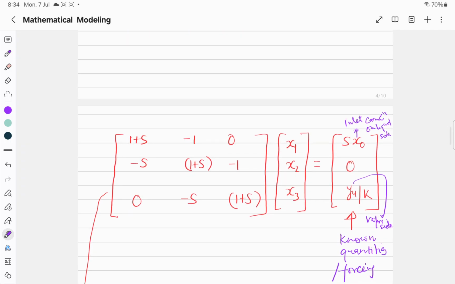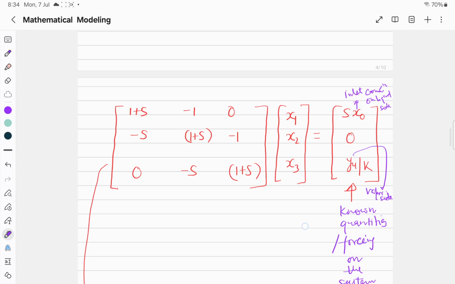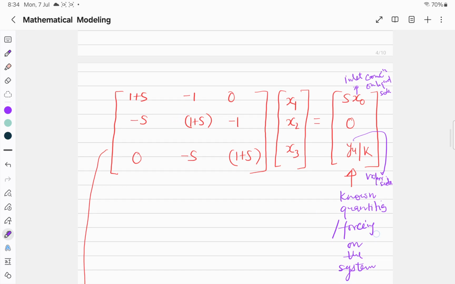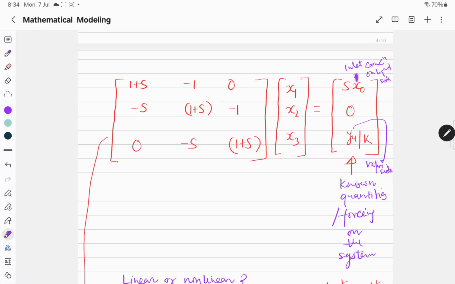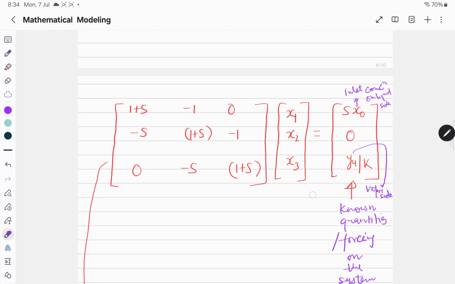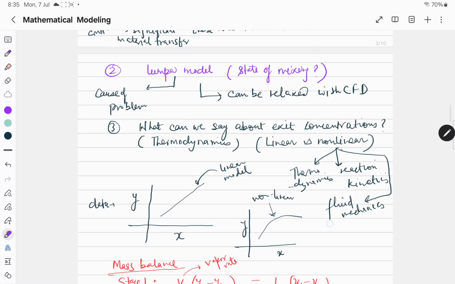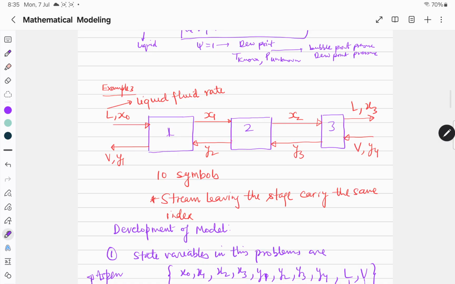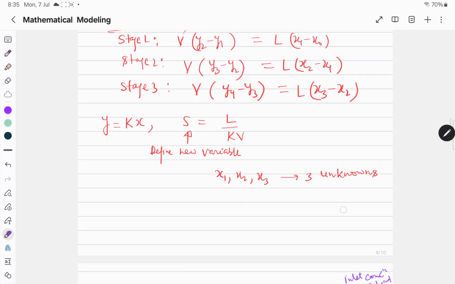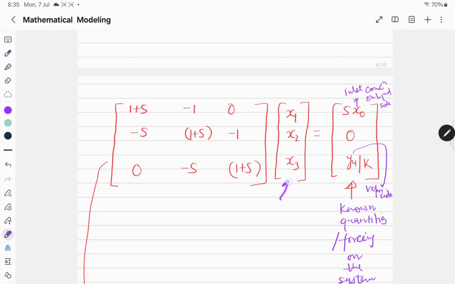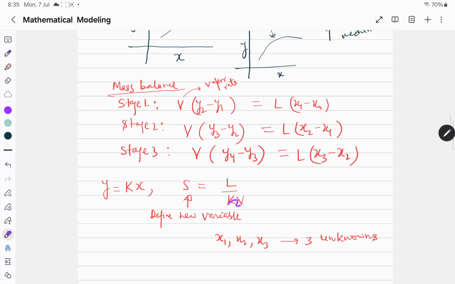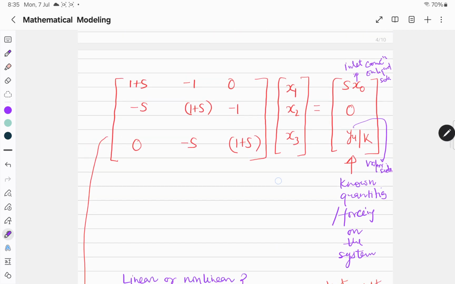You will get this 3 by 3 condensed matrix-vector form equation. On the right hand side you will get the forcing function: x0 is the inlet liquid concentration, which is known, and y4 is the inlet vapor concentration, which is also known. These are the known quantities on the right hand side, and this is unknown. Here s is known if L and V, the liquid flow rate and vapor flow rate, are known, and k is known.